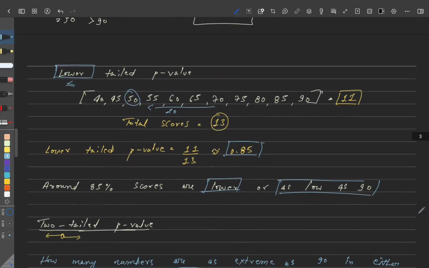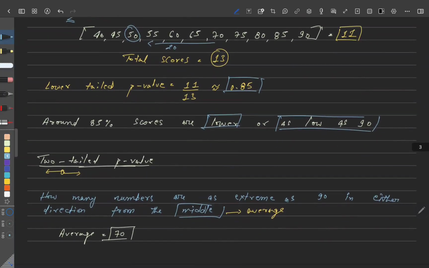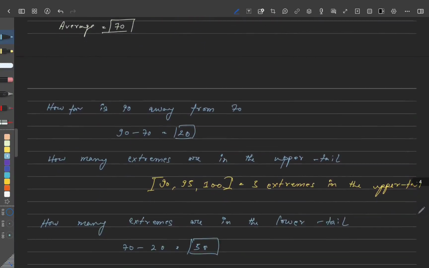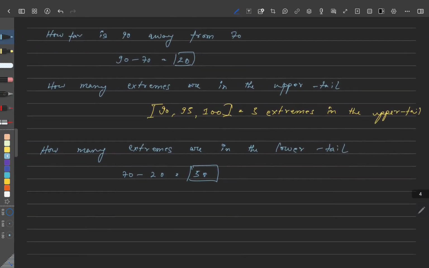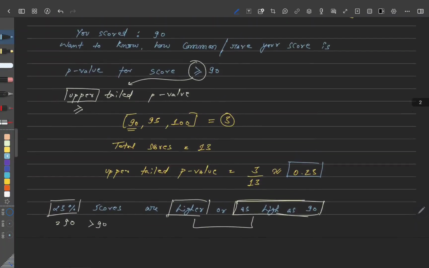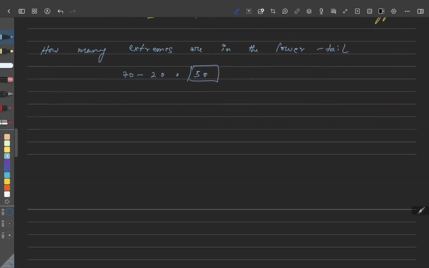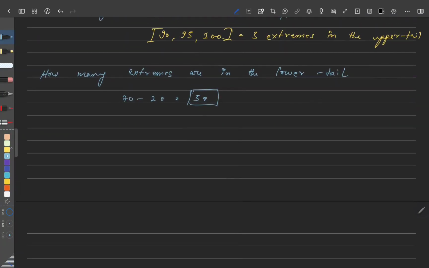How many other numbers are there which are lower or as low as 50? We have 45 and 40. So that gives us 50, 45, 40.